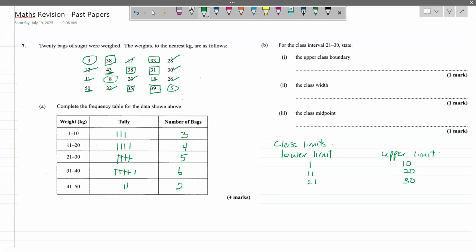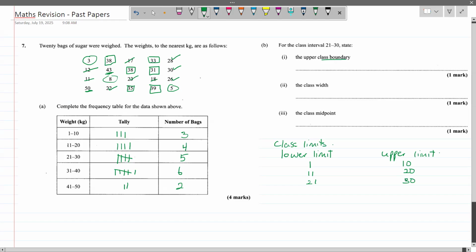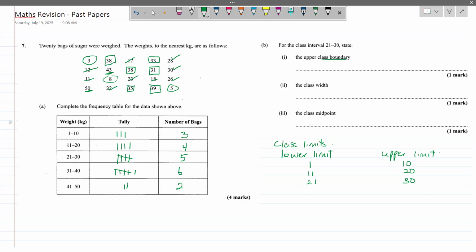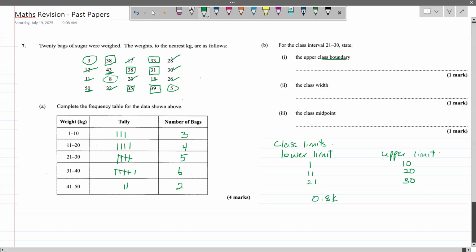We also have class boundaries. Now, the boundaries are like what we refer to as the outer layers. What are the extremities at which a value could fall in, and we will know to put it in a particular class, right? So, for example, what if I had a bag that weighed 0.8 kgs?